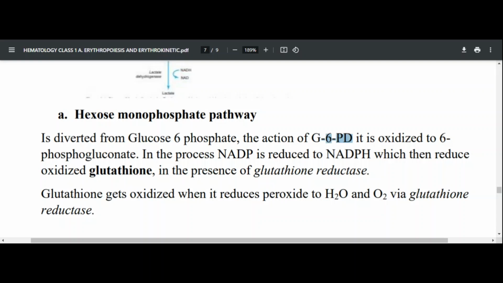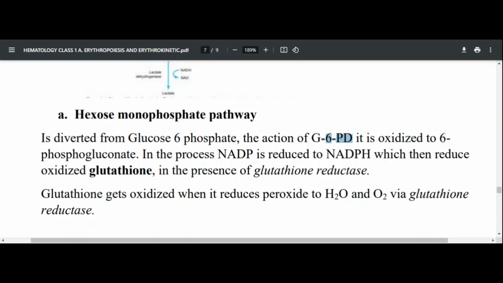In this process, NADP is reduced to NADPH. NADPH is produced from reduction of NADP during this oxidation of glucose 6-phosphate. So you remember what you call a redox reaction, where one molecule is reduced along with the oxidation of another molecule.